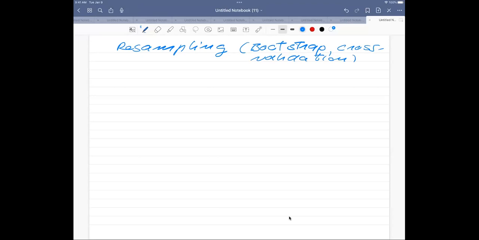Now, what we have done till now is to define a function which we use to assess the quality of the model.